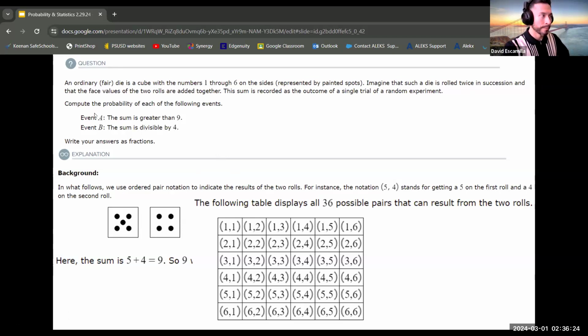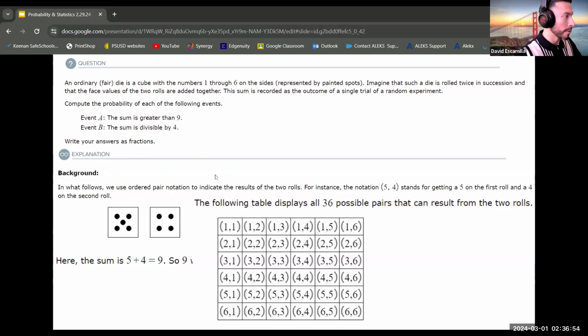Here's our job. Our job is to compute the probability of each of the following events. Event A. Good news, we don't have to write all of these inside of the parentheses. Remember, we just reviewed the probability formula. Instead of writing the probability that the sum is greater than 9, we're just going to write P(A) equals.